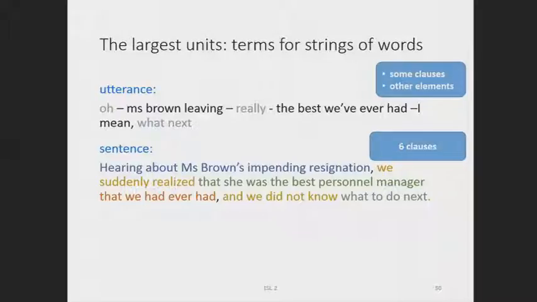Because every verb that sort of stands on its own, not auxiliary verbs. So if you have an auxiliary verb and also the other verbs that go with it. But every verb makes a clause. So here I have hearing, here I have realized, here I have was, we ever had, did not know, and to do. These are our 6 clauses.